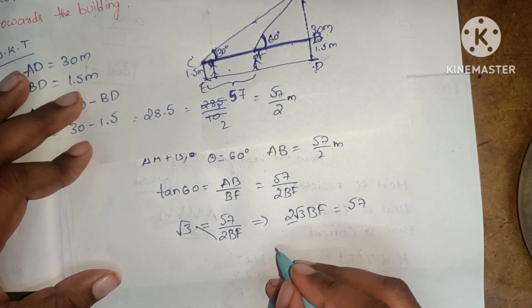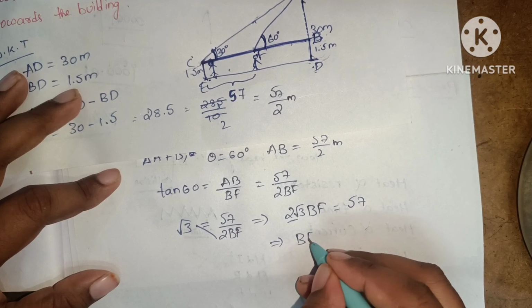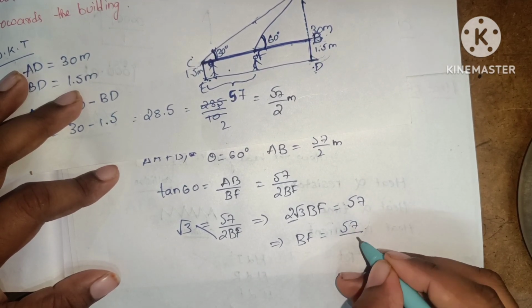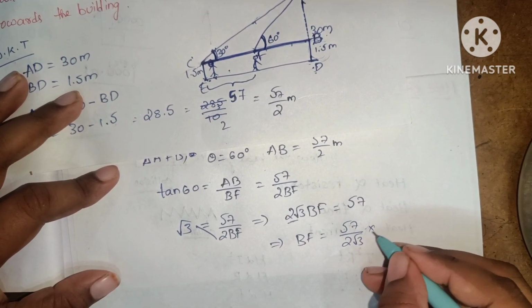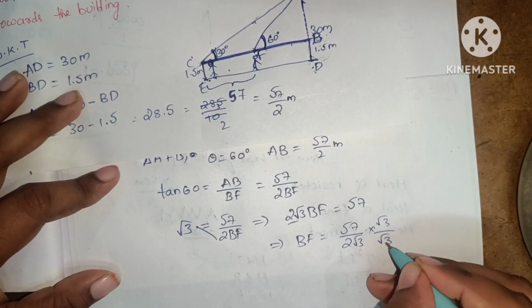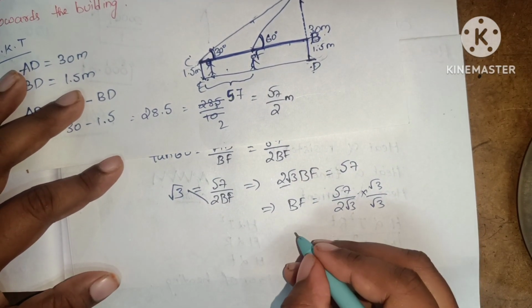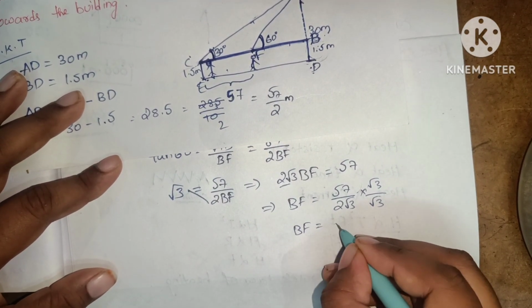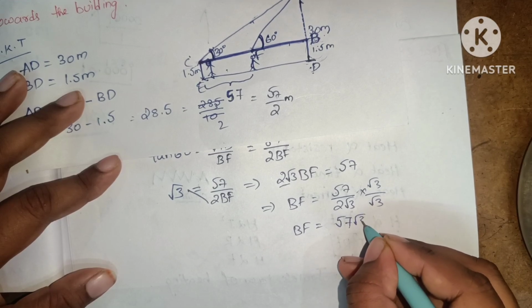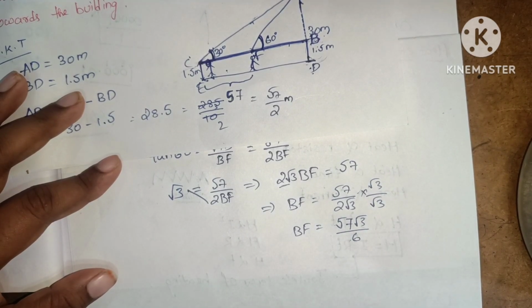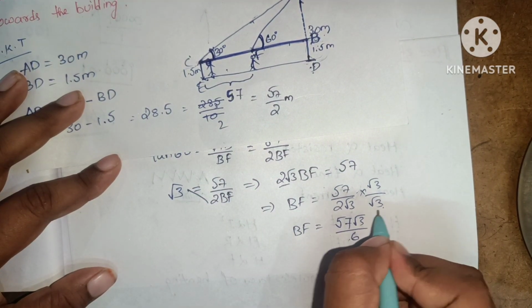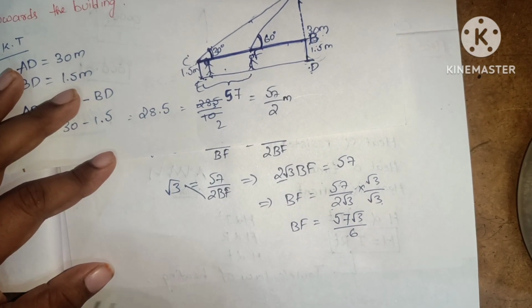Send this 2 root 3 here. BF equal to 57 by 2 root 3. That means root 3 into root 3. How much will you get? BF equal to 57 root 3 by 6. Root 3 into root 3 is 3, 3 2s are 6.